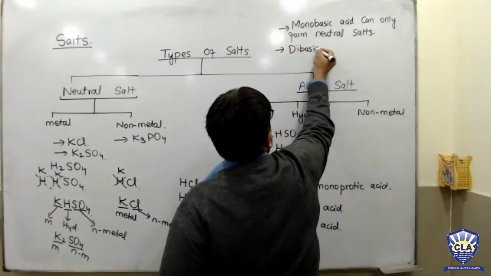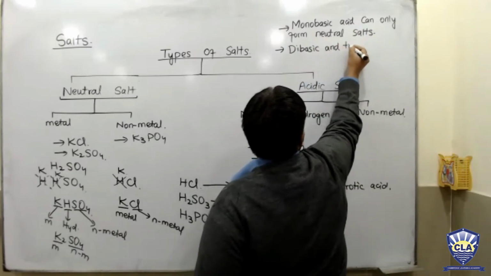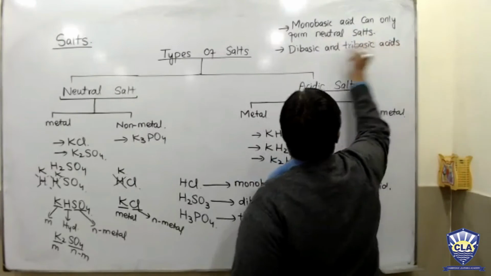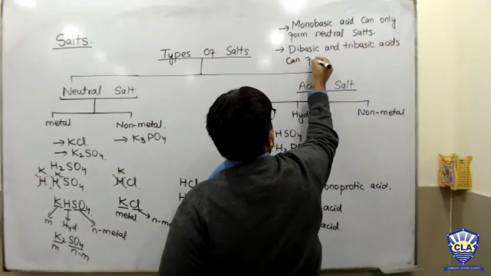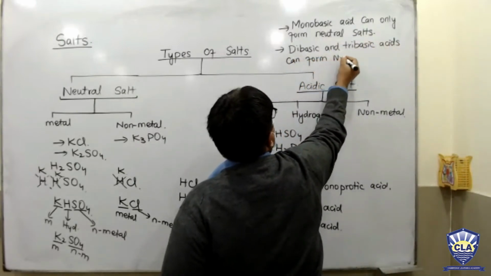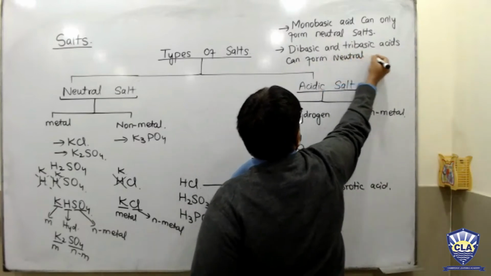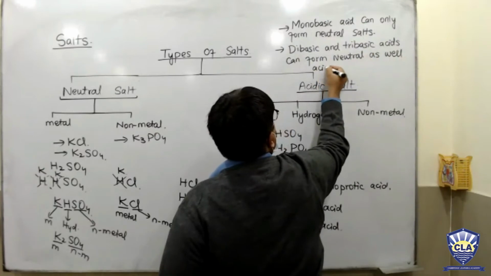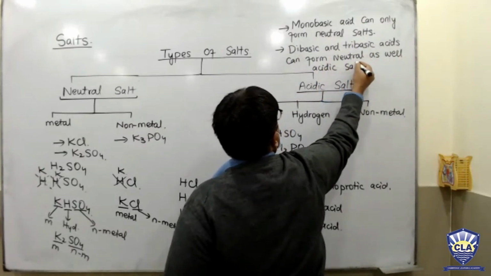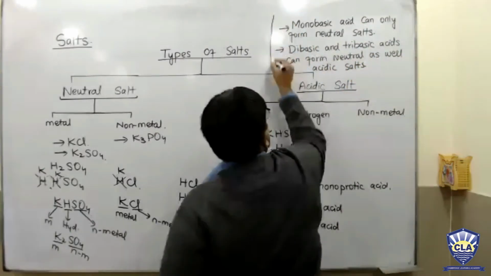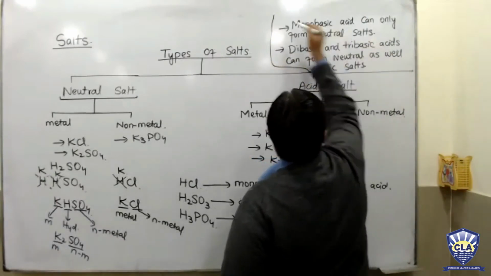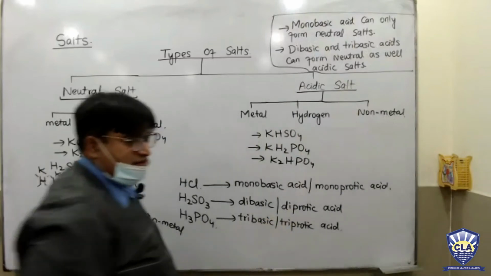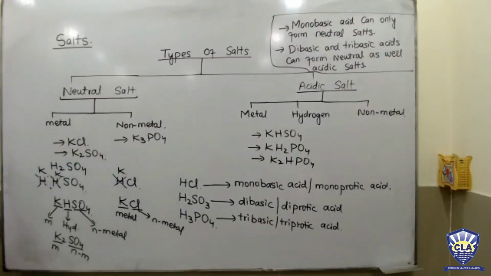Dibasic and tribasic acids can form neutral as well as acidic salts. Okay, guys, now you can copy it and then I'm going to write it.